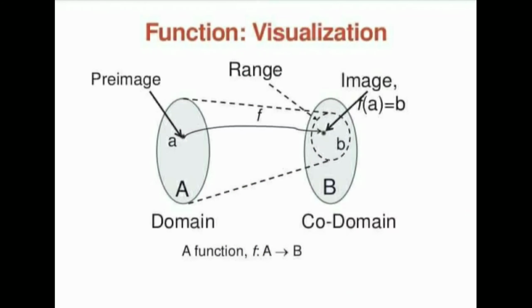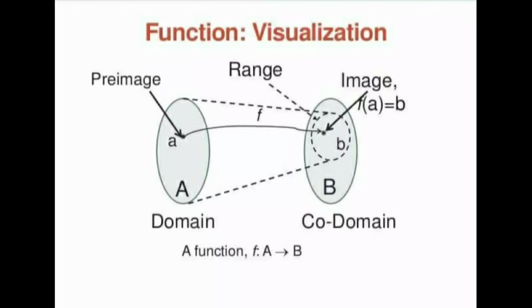Next, in the visual representation you can see here, you can understand for visualization. Okay, so we have two sets A and B, and A is the domain and B is the codomain. So we take an element in the domain, small a, and we get the corresponding f(a).